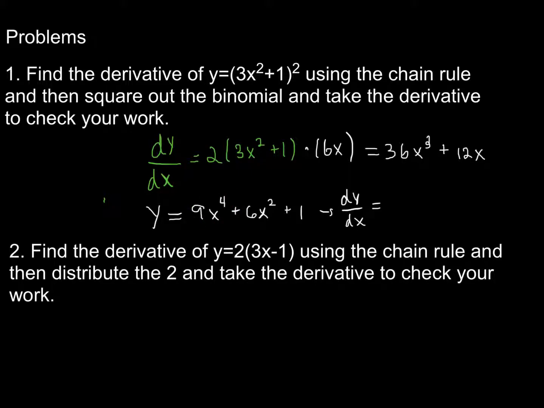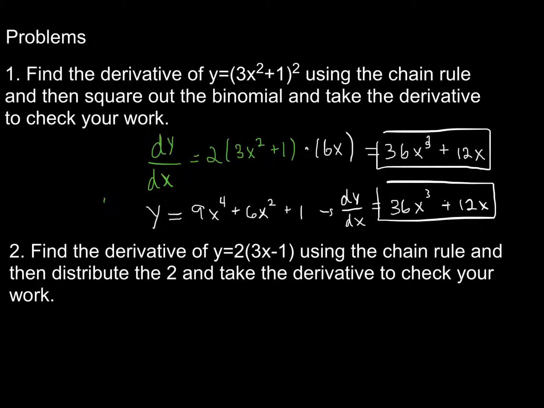So the derivative of 9x to the fourth will be 4 times 9, which is 36, x to the third. And the derivative of 6x squared will be 2 times 6, which is 12, x. And so you notice that we get the same derivative each way, which should confirm your solution.